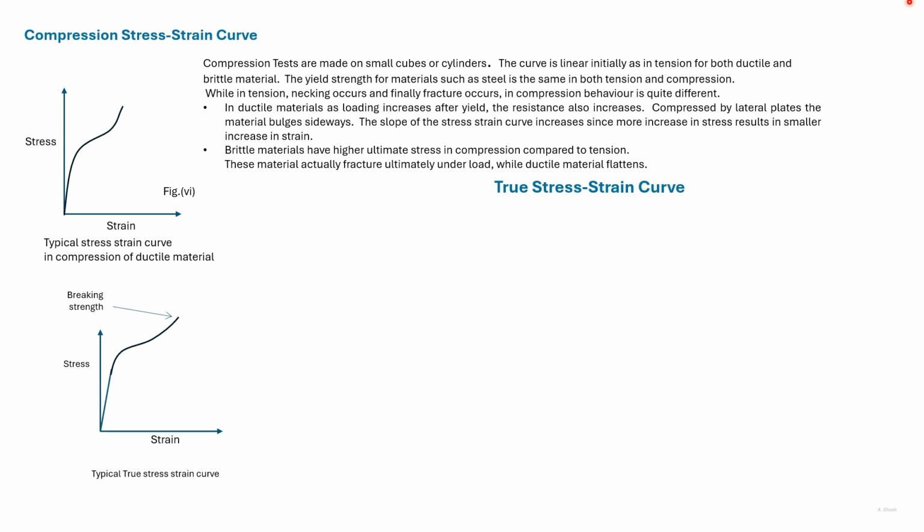With the true stress-strain curve, as the length varies from L0 to the final value L, the increase in length compared to the length at all intermediate stages is used to find strain. The del epsilon is given as del L dash by L dash, where L dash is the length at any stage.